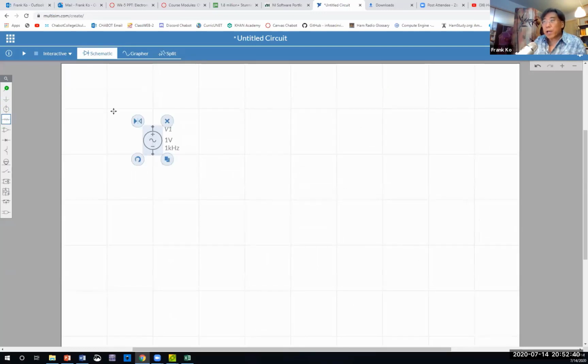And I'm going to drag out 3 resistors, and I'm going to rotate this particular one. I'm going to put a ground over here. Deselect. And I'm going to connect this guy to this guy.